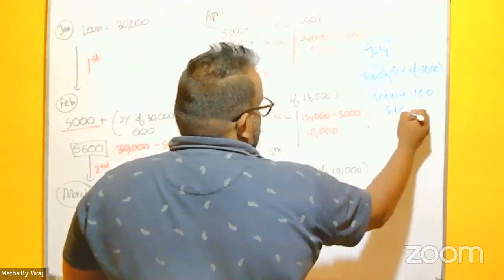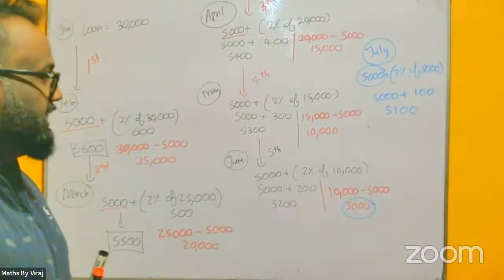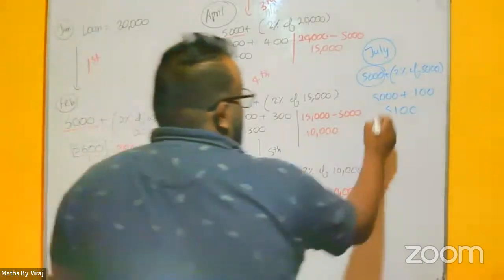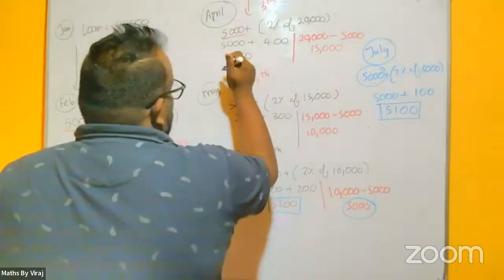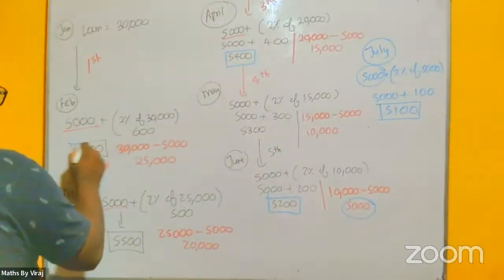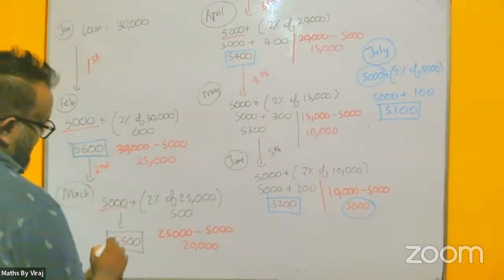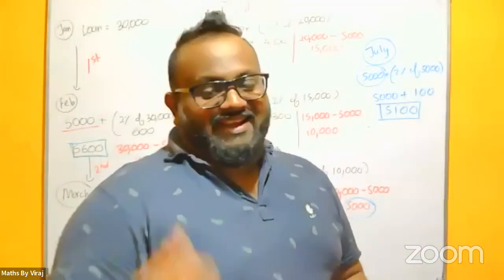How much is to be paid? 5,100 has to be paid. Now you can clearly see that I have paid amounts in reducing balance. So these amounts, I have paid the interest in reducing balance. Okay. Right. Take this down.